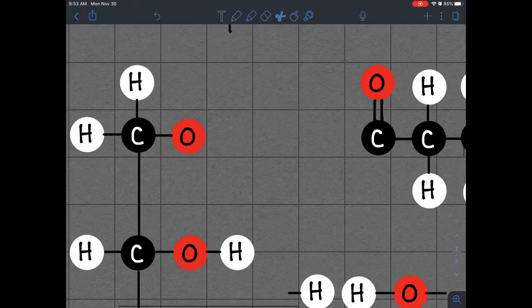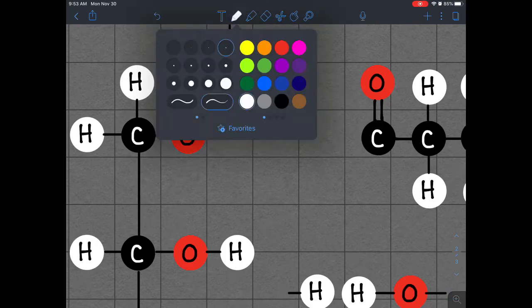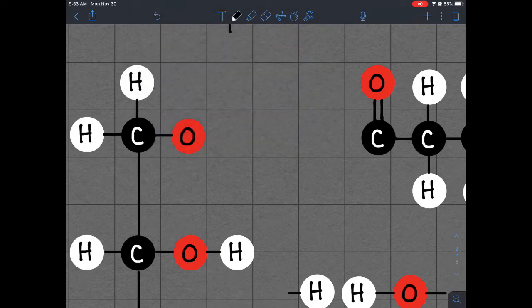And when we do that, that means that this oxygen is going to need to bond with something, and the carbon that's left over here only has 1, 2, 3 bonds right now, and it needs a 4th bond.